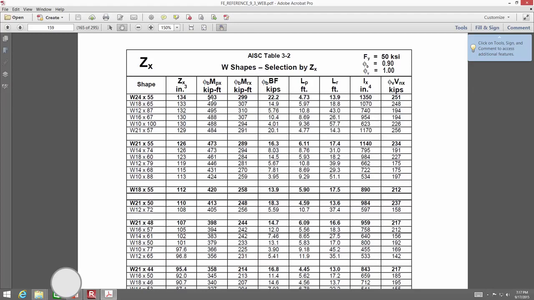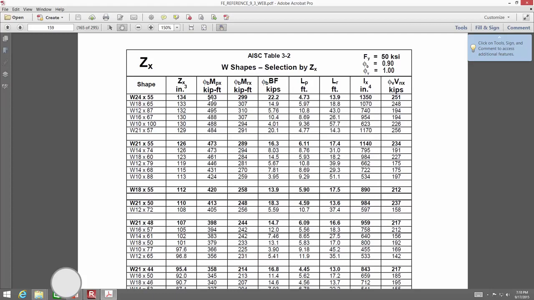Of this group, the W21 by 55 is the lightest, and it just happens to be within that group the shape that'll get you the most efficiency. So if you're designing a beam and you calculate a factored moment of, I don't know, 450 foot-kips, don't pick the W18 by 60, pick the W21 by 55 because it's lighter. That make sense? Pretty straightforward.